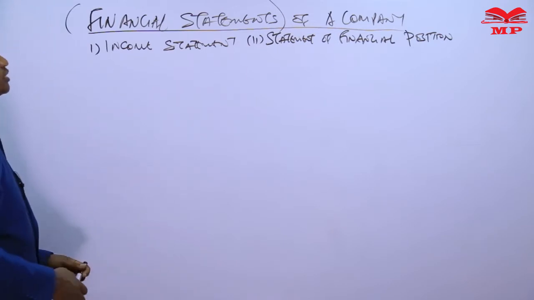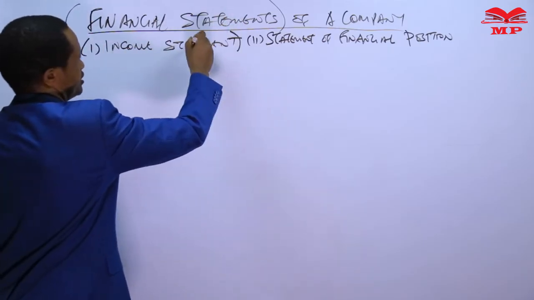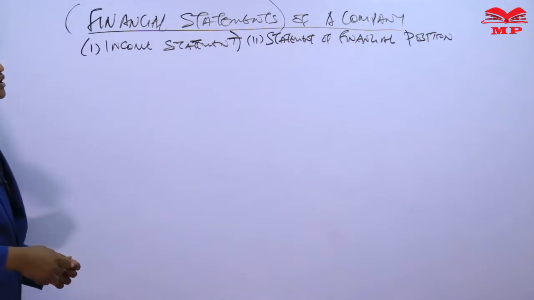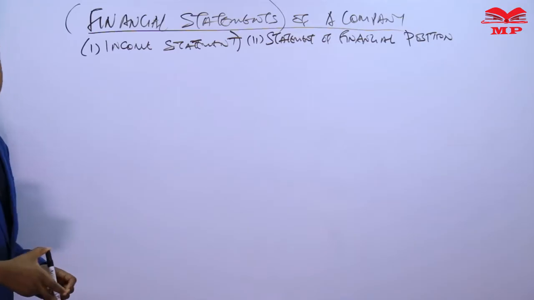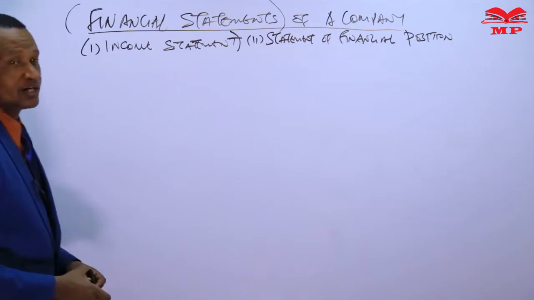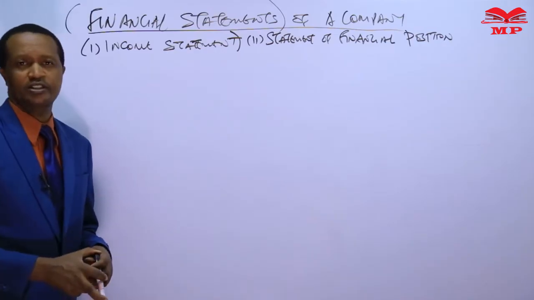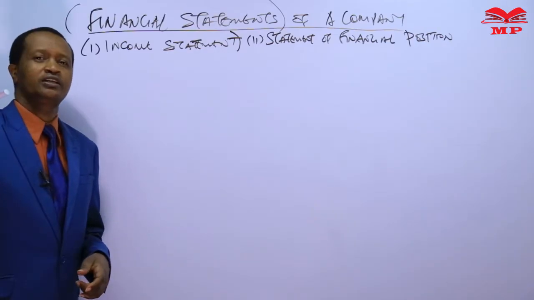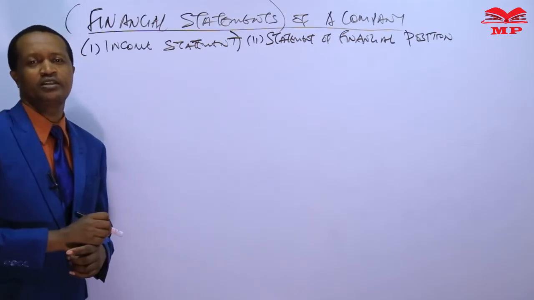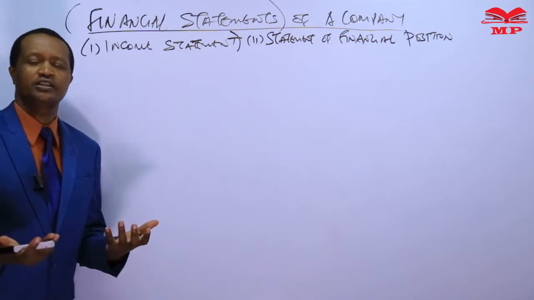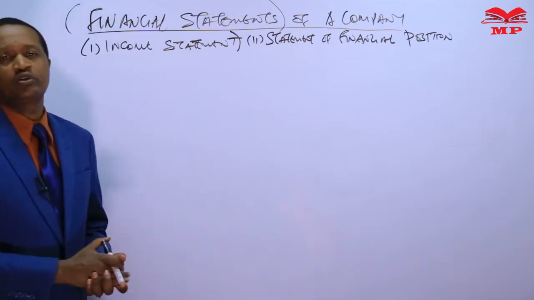We start by discussing the income statement, also known as the trading profit and loss account. The income statement of a company is prepared the same way you would prepare the income statement of a sole trader.